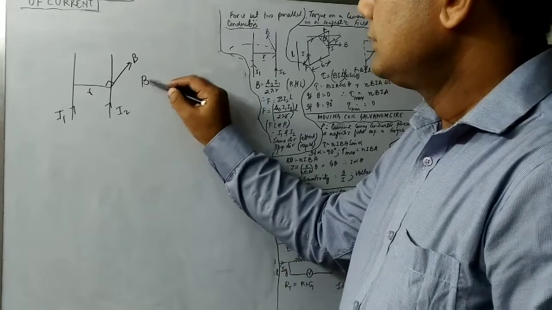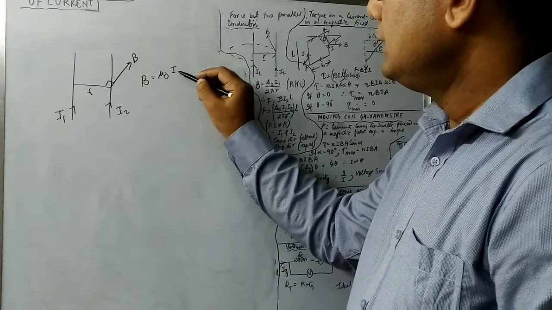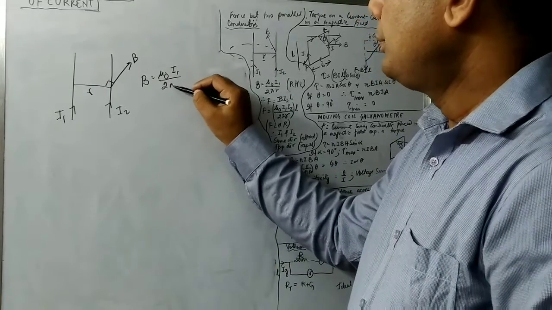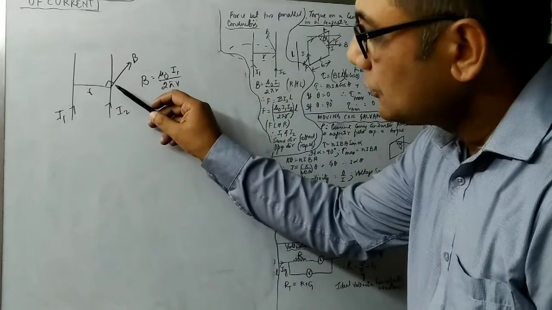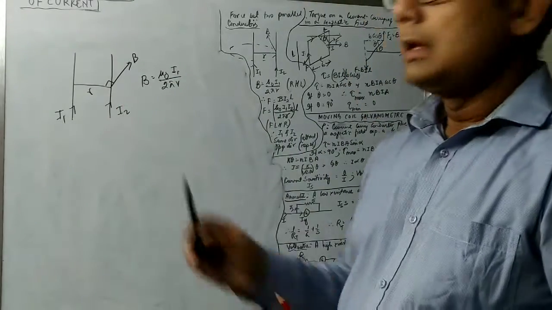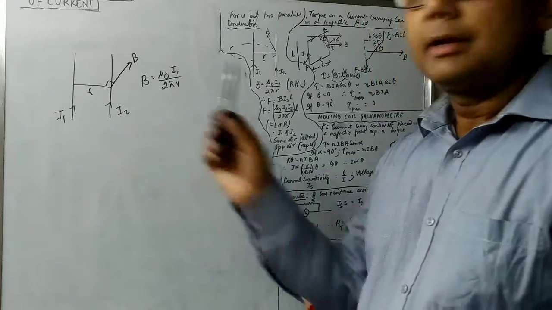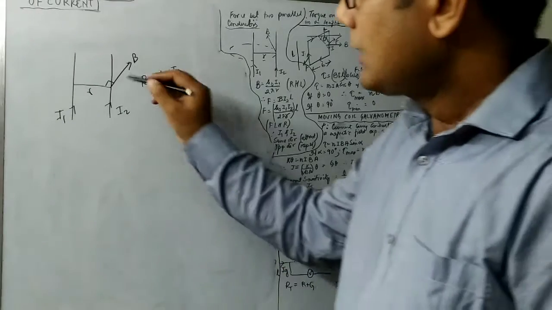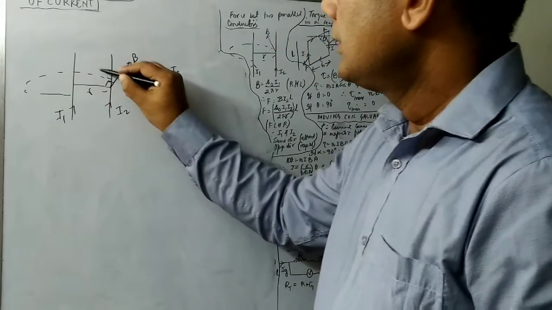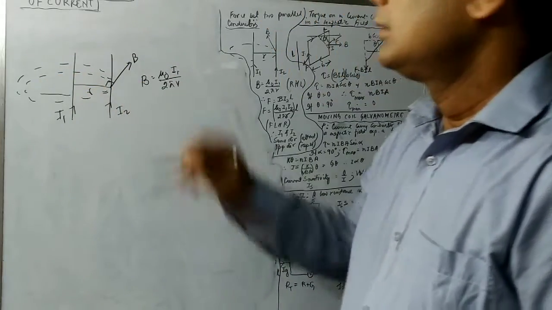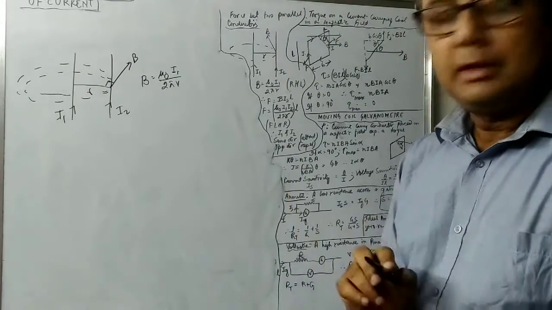It is mu0 I1 by 2 pi r. This is the magnetic field acting on this wire due to the current I1 in this wire at a distance r. Actually the magnetic field will surround it like this. So this is the magnetic field.